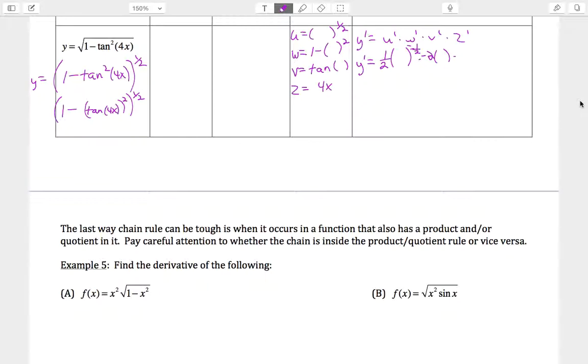This was secant squared. Wait, is that not 1 minus on w? What's the derivative of 1? 0, which is different than nothing. This is the slope.